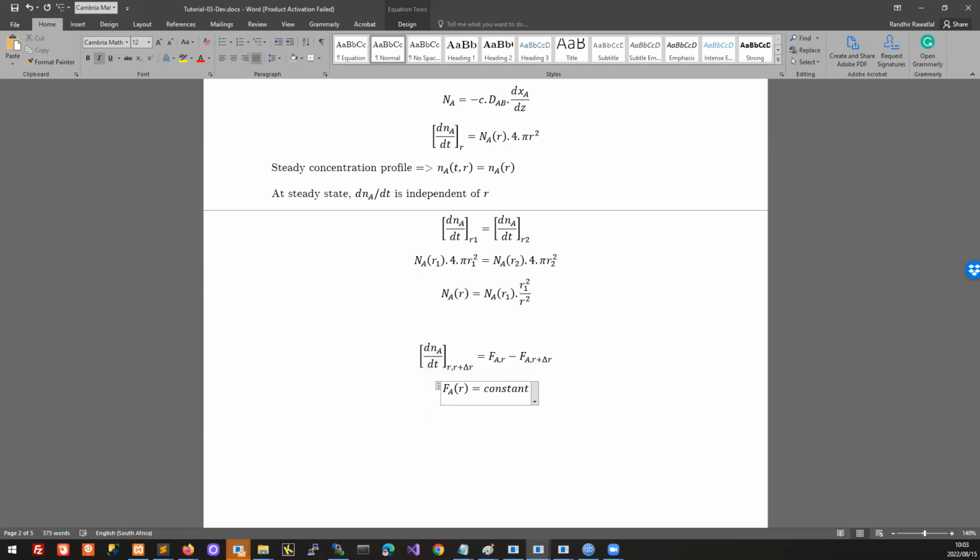And F_A, being a molar flow rate, is equal to the molar flux times the area at that point, 4 pi r squared. So that's constant, but as we consider different r values, then N_A has to change accordingly. So the molar flux is not fixed in spherical coordinates. Does that answer it?